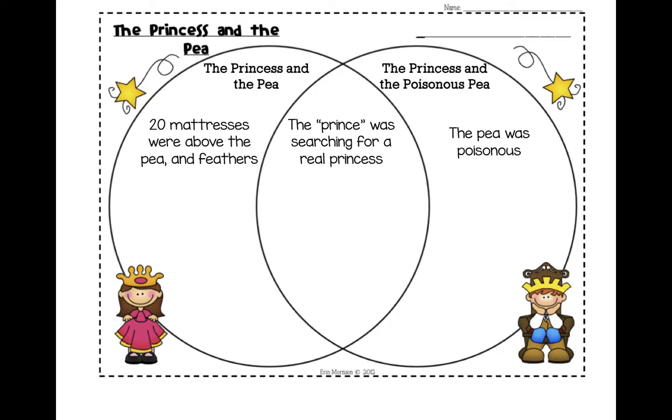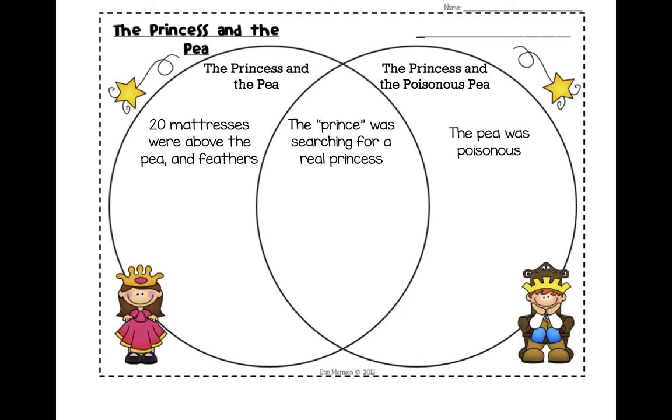You could really put that the prince was not a real prince on The Princess and the Poisonous Pea side. That's another one you can put that I didn't put. But basically, the whole point of each version of the story was the same, and that is that the prince was searching for a real princess.